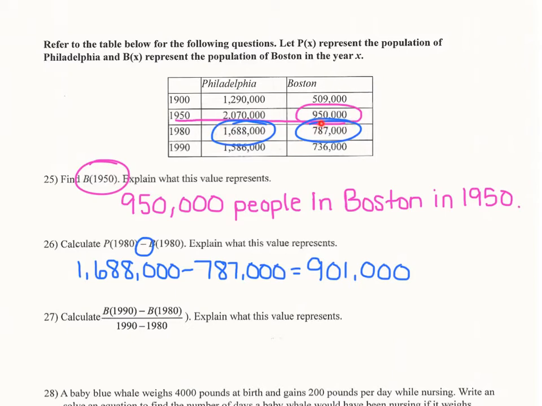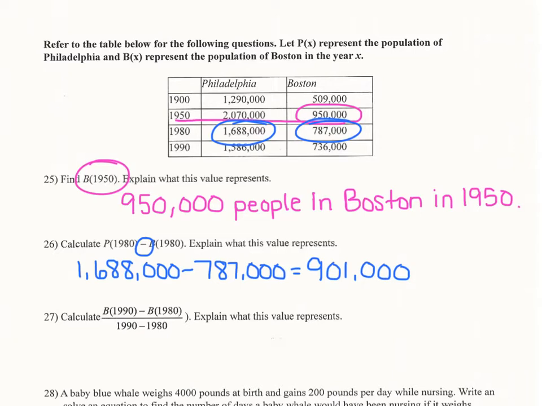Now, if you're struggling on what that represents, think about if I just handed you this table and then subtracted these numbers for you, why would I do that? What does that tell me? Well, that tells me the difference between these two numbers, because that's what subtraction tells you. And the only reason I would want to know the difference is to know how many more people were in one city than the other.